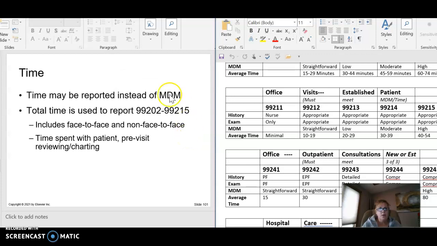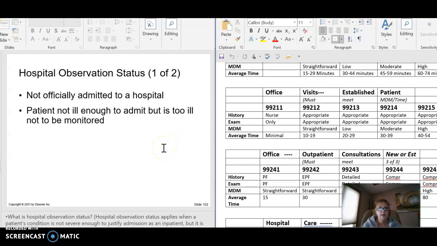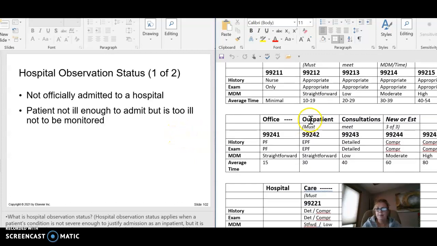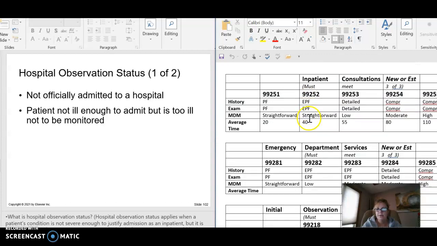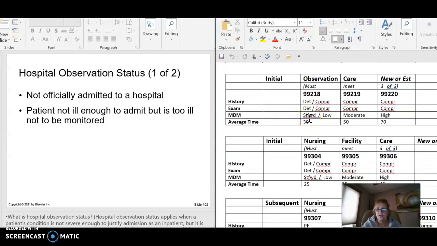All right, so just what I said, it can be face-to-face or non-face-to-face. It's time spent with the patient, pre-visit, reviewing the chart. Just make sure that the physician documents well. Okay, so let's go to observation. Keep in mind that observation means outpatient. We have a couple of different areas of observation.